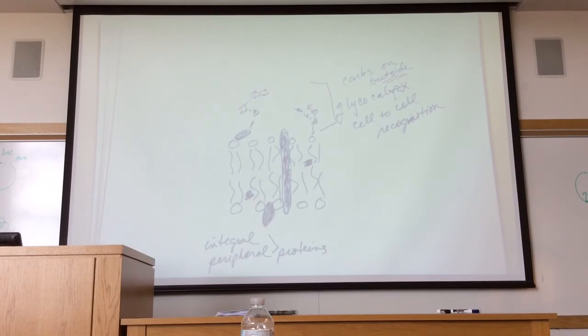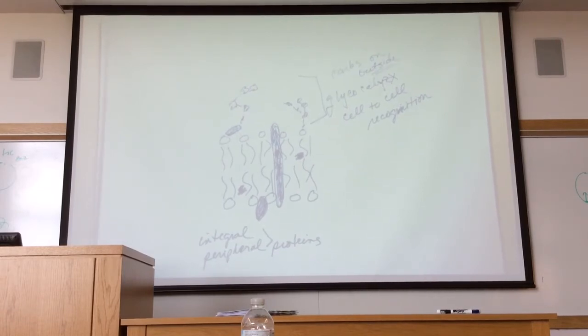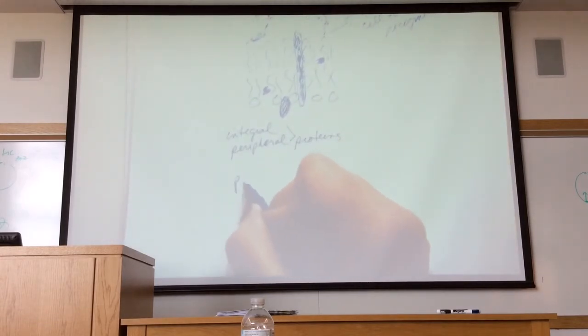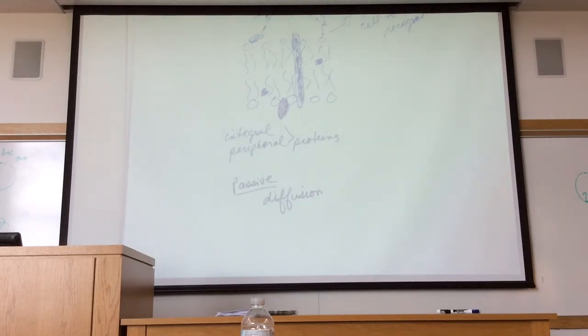All right, just skipping to movement, passive and active processes, movement across the cell membrane. So we have passive movements are anything that is a type of diffusion, whether it is simple diffusion, carrier-mediated diffusion, channel-mediated diffusion, facilitated diffusion.